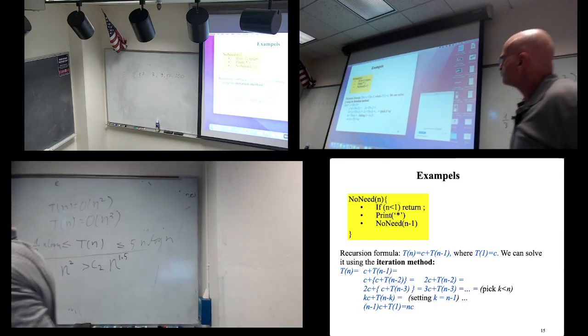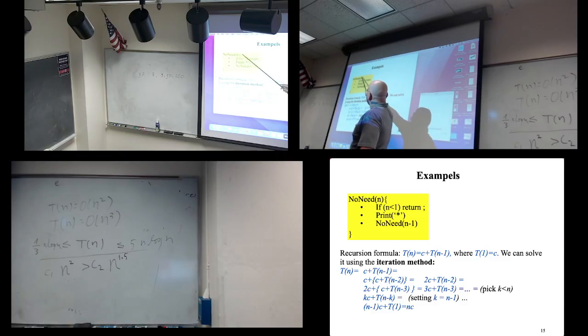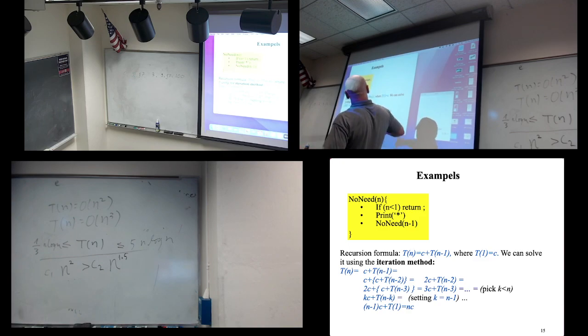Here n is just a parameter. It's not really the input size. It's a recursion formula. The recursive pseudocode does this: if n is smaller than 1, do nothing. Otherwise, print 1 star, which you can probably do in constant time, and call yourself recursively with the value of n minus 1.